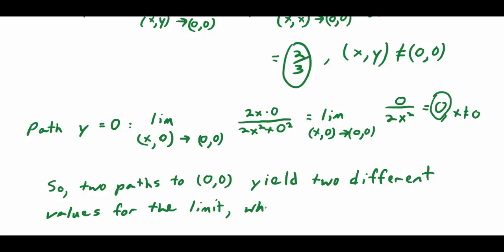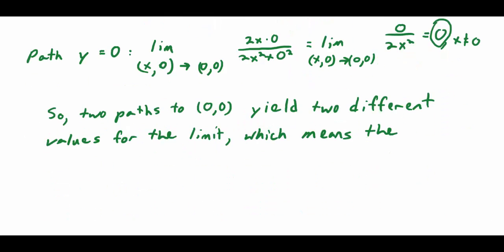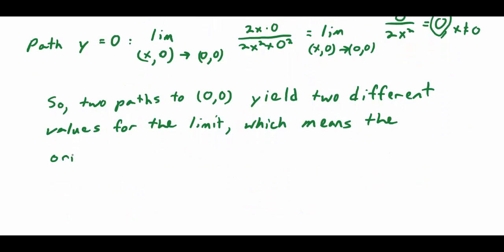Which means that the original limit does not exist. D and E for does not exist.